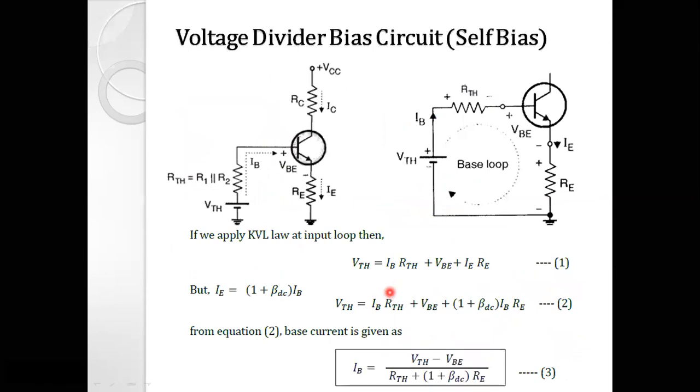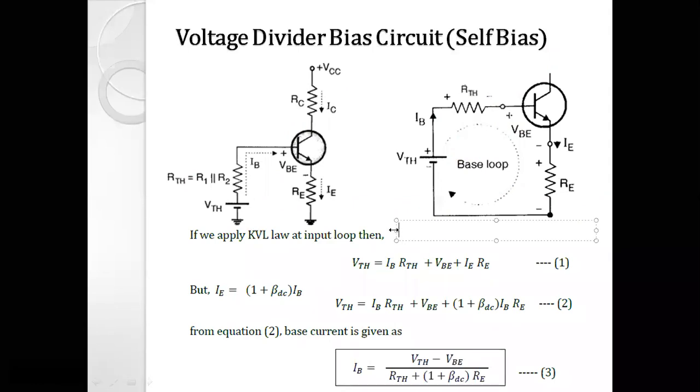When we apply the KVL at the input side, we have to make sure that the collector terminal is kept open. So here is the equivalent circuit for the input section, and when we apply the KVL at the input side, the equation becomes like this one.